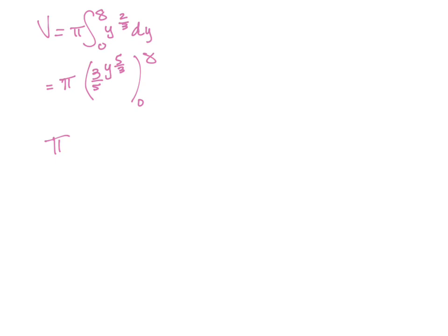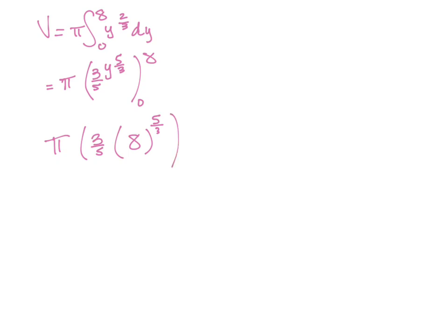We got pi times 3/5 of 8 to the 5/3. Would you rather raise 8 to the 5th power and then cube root it? Or cube root 8 and then raise it to the 5th power? What's the cube root of 8? 2? 2 to the 5th? 32. Good.